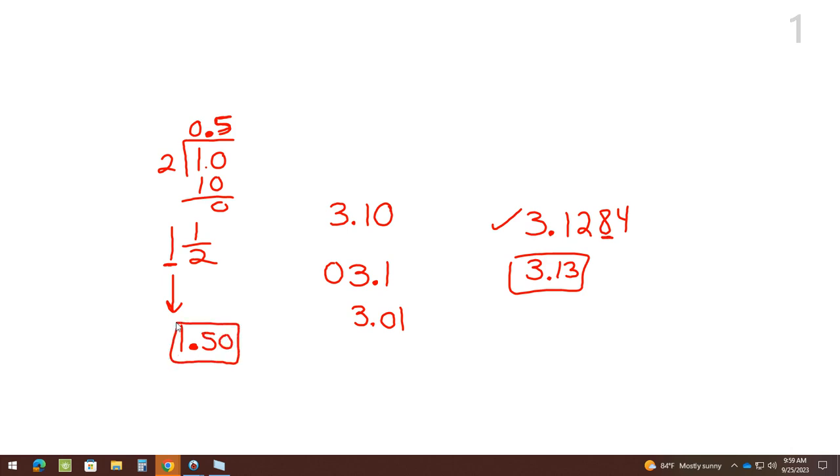Questions? I just wanted to talk to you about that because a lot of kids get confused when I say money and when I say decimal. Money stops in the hundredth place because, how many pennies do you need to make $1? 100. That's why we have to stop in the hundredth place. Okay, perfect.